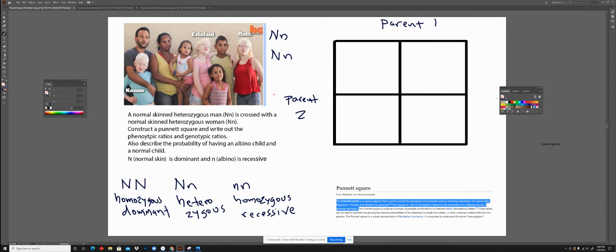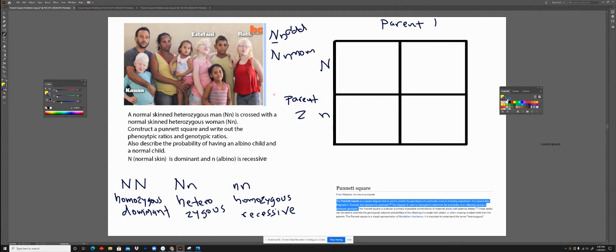Now, how you put the genotype is you put half of the genotype on each side of the Punnett square. So I'm going to put dad here. This is dad. This is mom. I'm going to put dad right here. His genotype is going to be big N, little n.